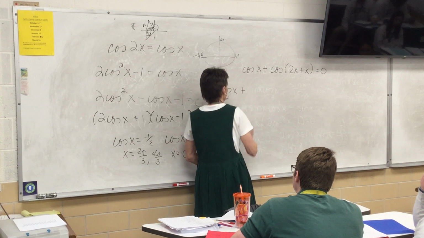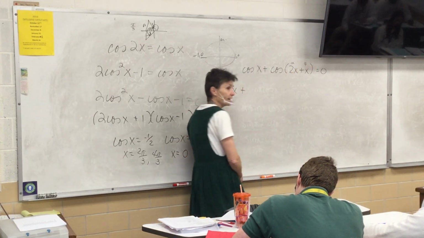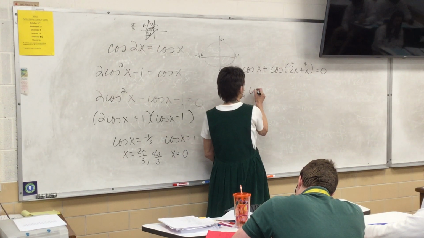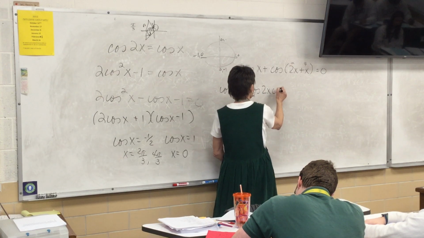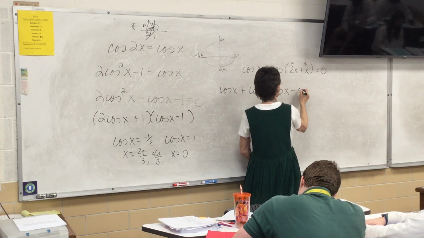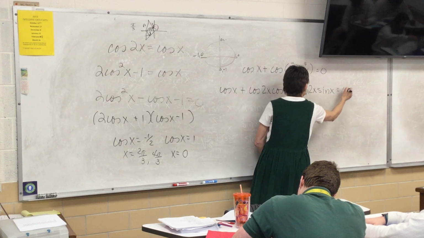Use my formula. This is like my alpha and my beta, or my x and y or a and b, whatever you're using. So cosine of the first, cosine of the second, minus sine of the first, sine of the second.